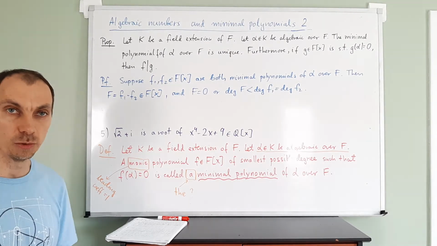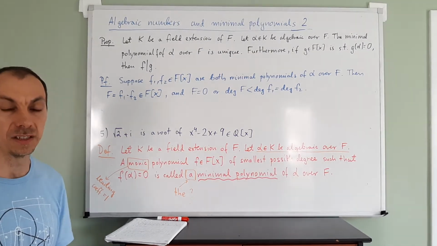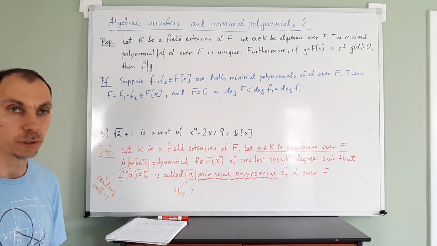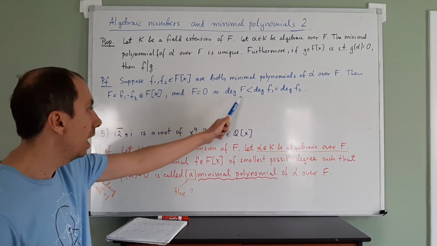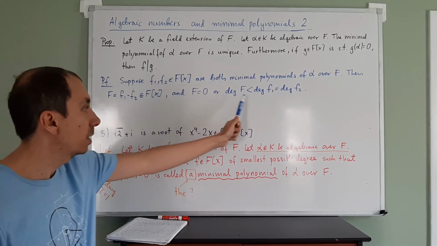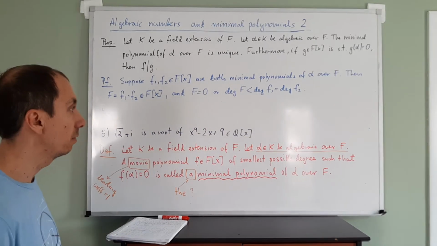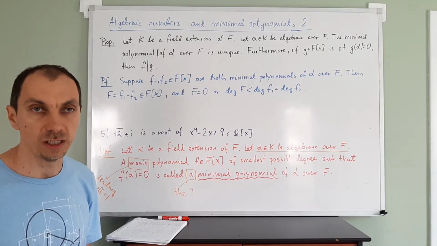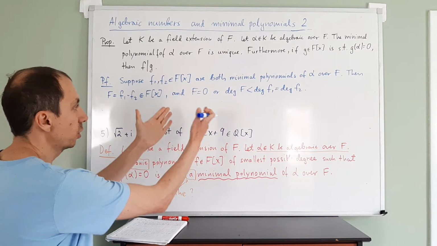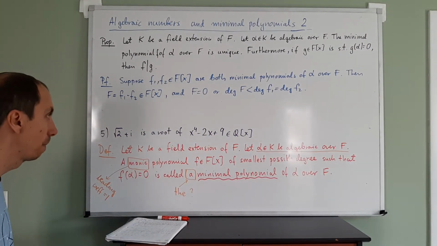So when I subtract two such polynomials, the x to the n's subtract to 0, so I'm only left with lower order terms. Therefore, the degree of this f, which is the difference, must be strictly less than the degree of f1 or f2, unless f is 0, which, if you recall, we didn't assign a degree to. So I have to split this into these two cases.